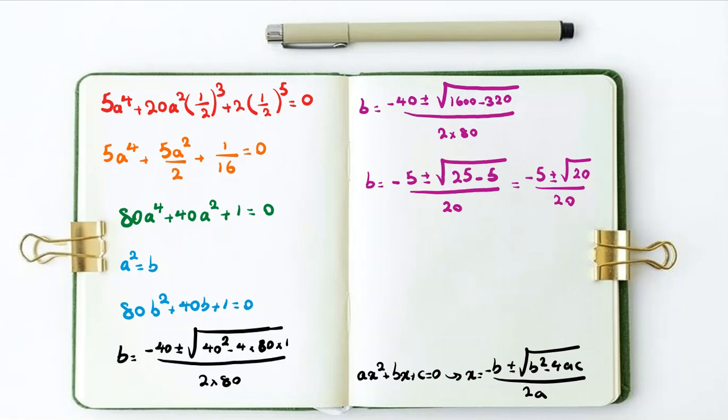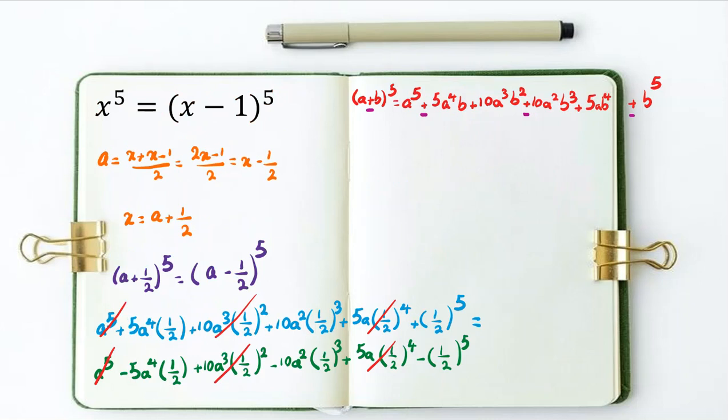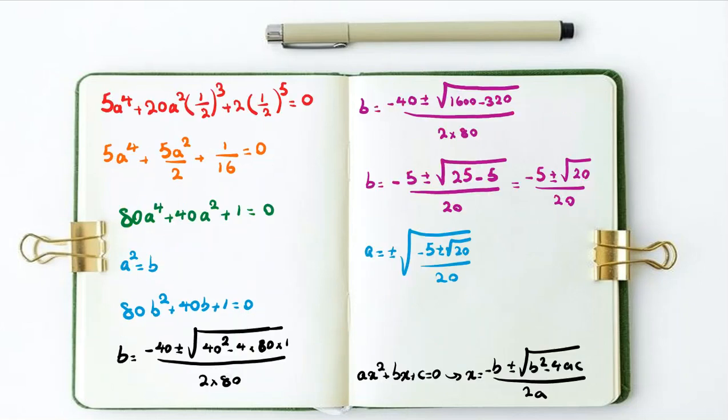So because b is what? b is a squared. So a is what? Plus minus the square root of negative 5 plus minus root 20 over 20. Now in the previous page, we considered x equal to a plus 1 half.